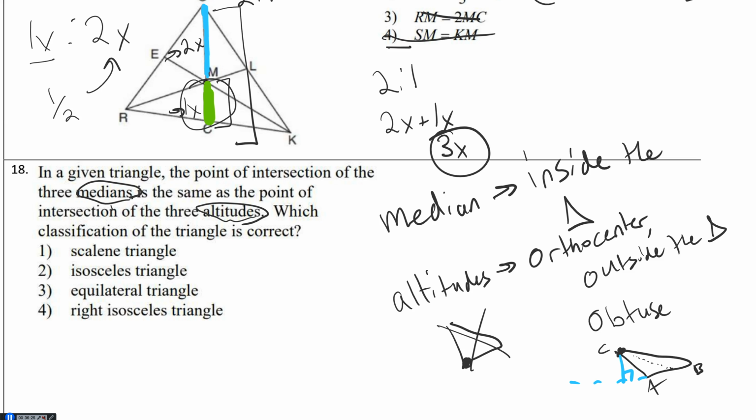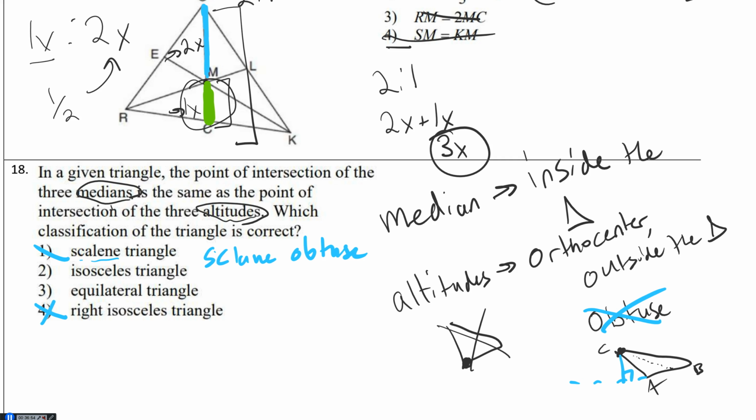So I know that orthocenter is going to be on the outside. So it can't be obtuse either. Can't be a right triangle. And scalene, well, we don't necessarily know that it's scalene, because what about a scalene obtuse triangle? That wouldn't work. So we're now down between the isosceles triangle and an equilateral triangle.